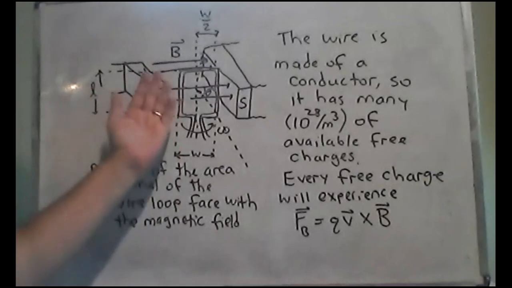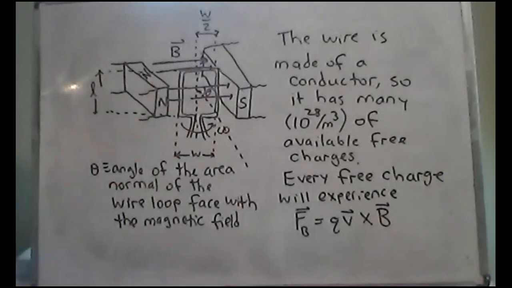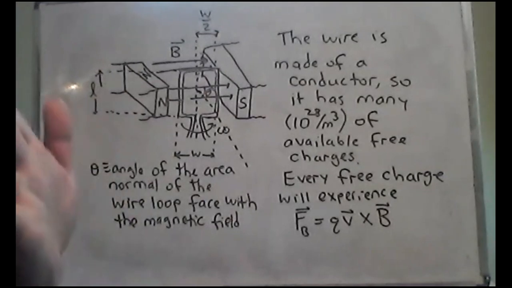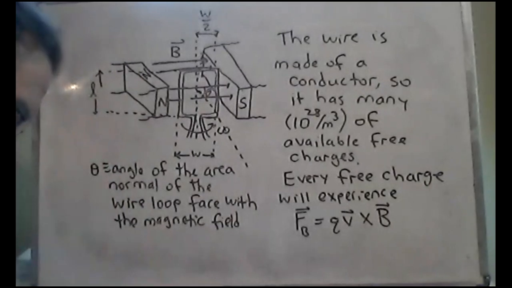So as it moves around, spins around in a circle, what is it always going to be feeling? It's always going to be feeling a force that's given by some sort of velocity, and it's really going to be the component perpendicular to the magnetic field. So it's really not going to feel the full velocity all the time.